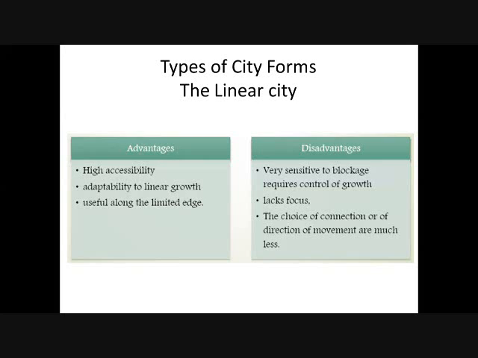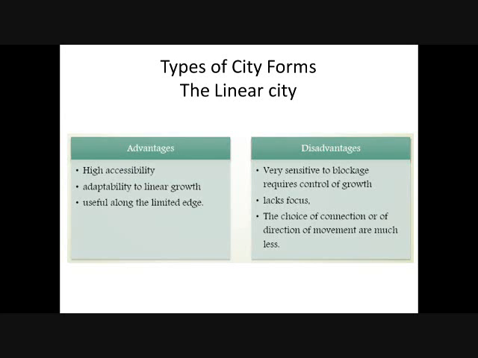But its disadvantages, it's very sensitive to blockage. So if you have a traffic jam or a traffic block somewhere in the middle, it blocks the flow to the other parts. So people start to take detours and find other streets. So it starts to create a problem.